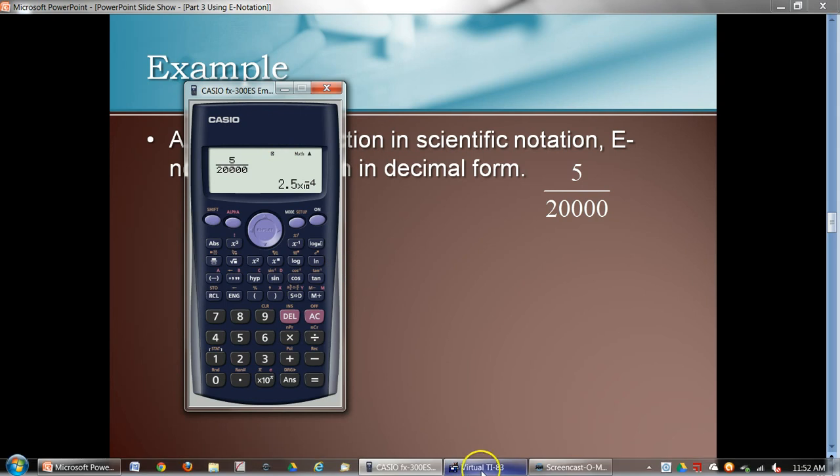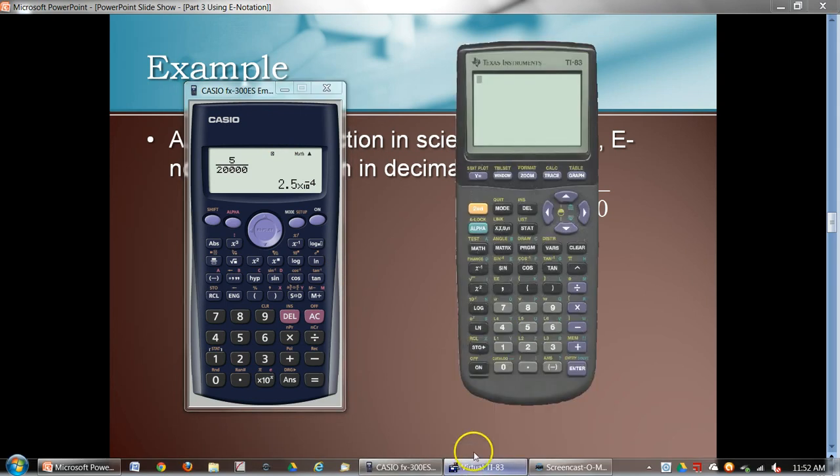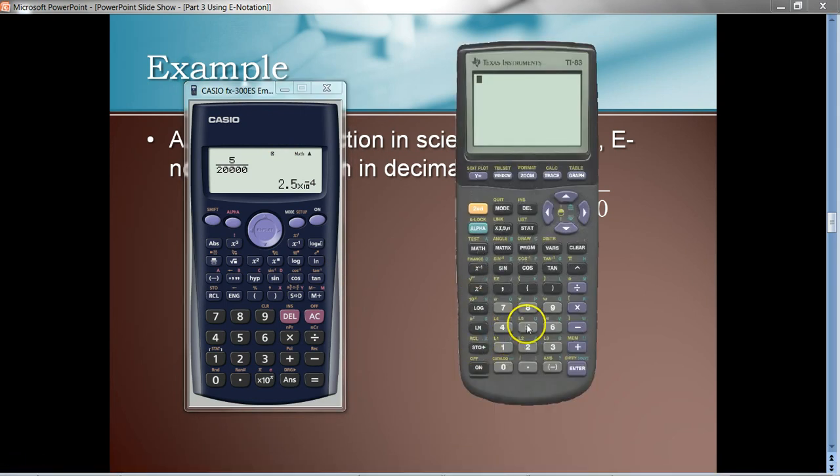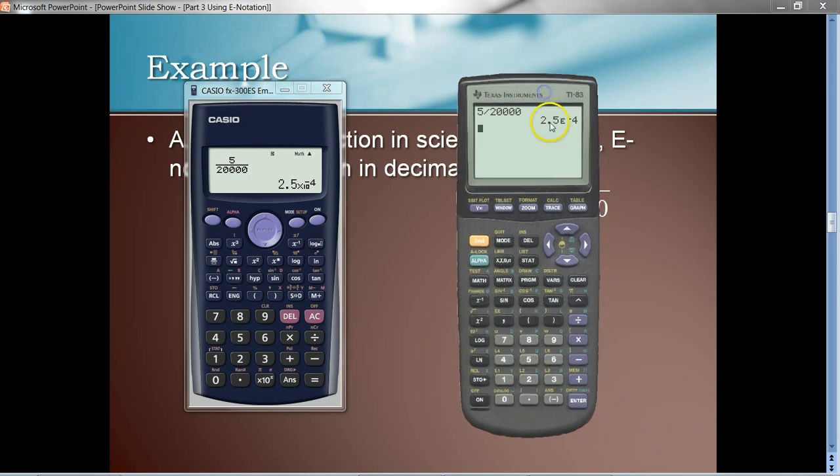Now let's try with our graphing calculator. I'll put in 5 over 20,000 and hit enter, and notice we automatically get the E notation, 2.5 E minus 4. These two expressions say exactly the same thing: 2.5 times 10 to the negative 4th is the same as 2.5 E minus 4.